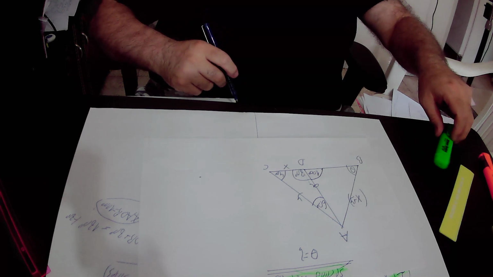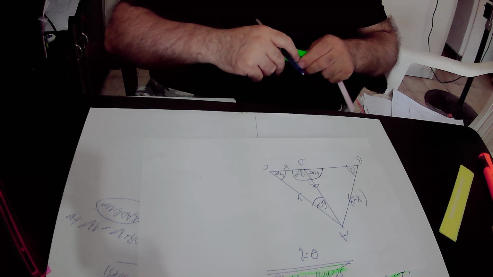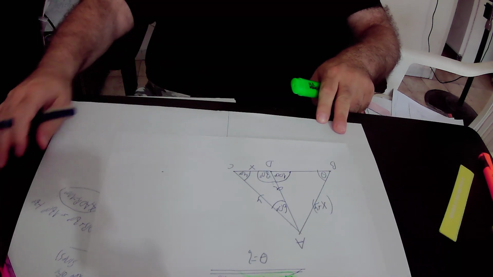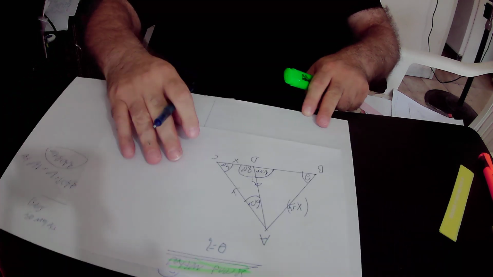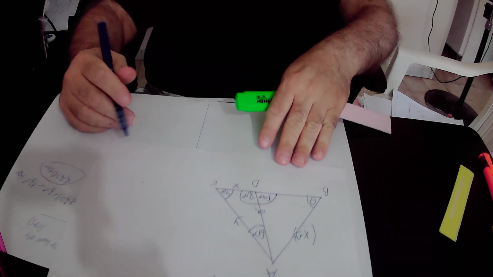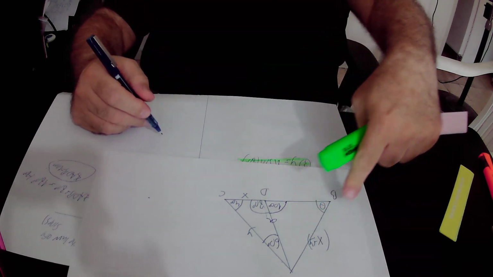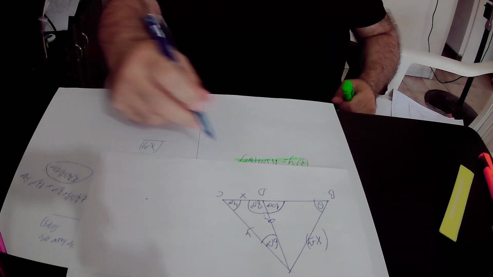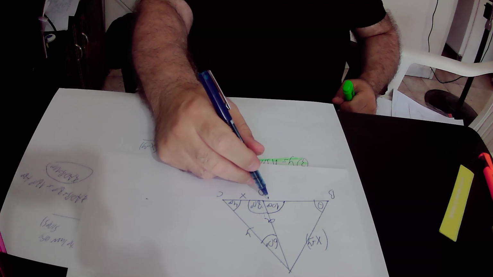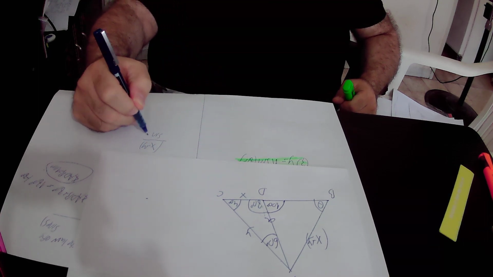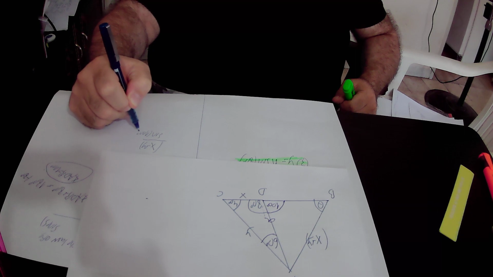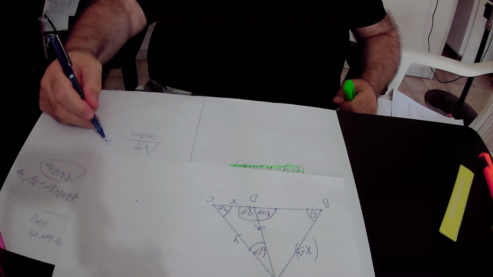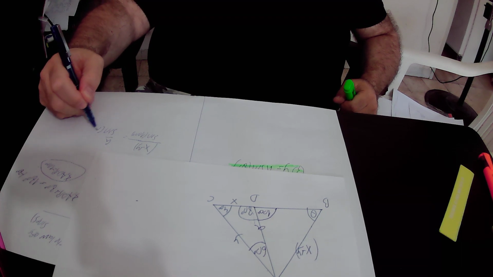Okay, so now we will implement the law of sines in this triangle ADB. So here in triangle ADB, according to the law of sines, we will get that x plus y over sine 100 degrees must be equal to a over sine theta.